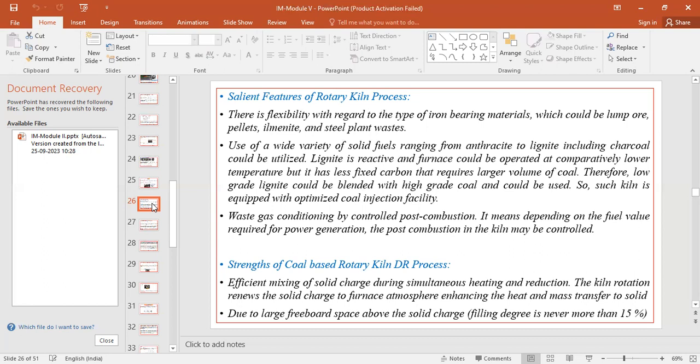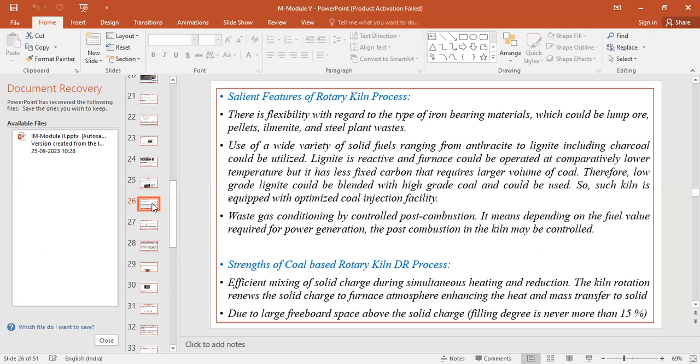But one of the problems is the efficiency of this kiln, because the volume of the kiln which is occupied by the solid charge is very small, hardly less than 15%.